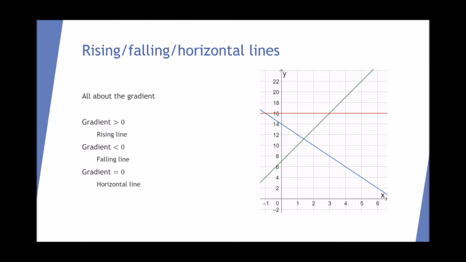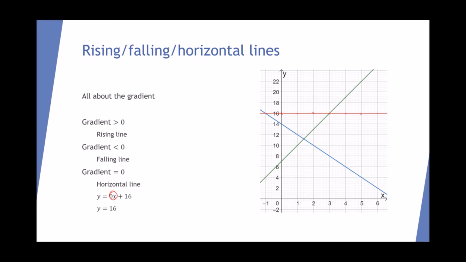Because, well, I could fill in 0 for my gradient like this, 0x plus 16, but 0x is just 0. We don't have to write that down. So we won't actually see an x in this formula. It will just be y equals 16. And that actually makes sense because no matter what x is, y is 16 everywhere on the graph.